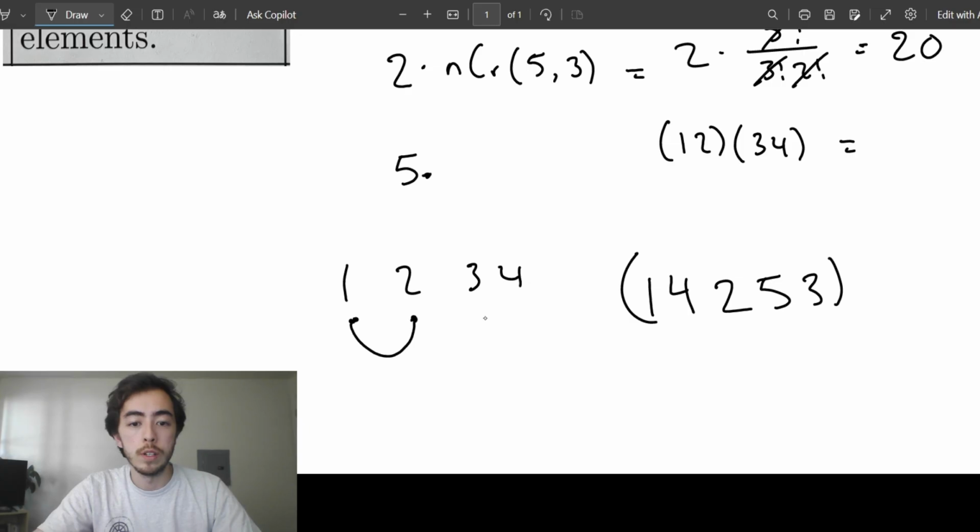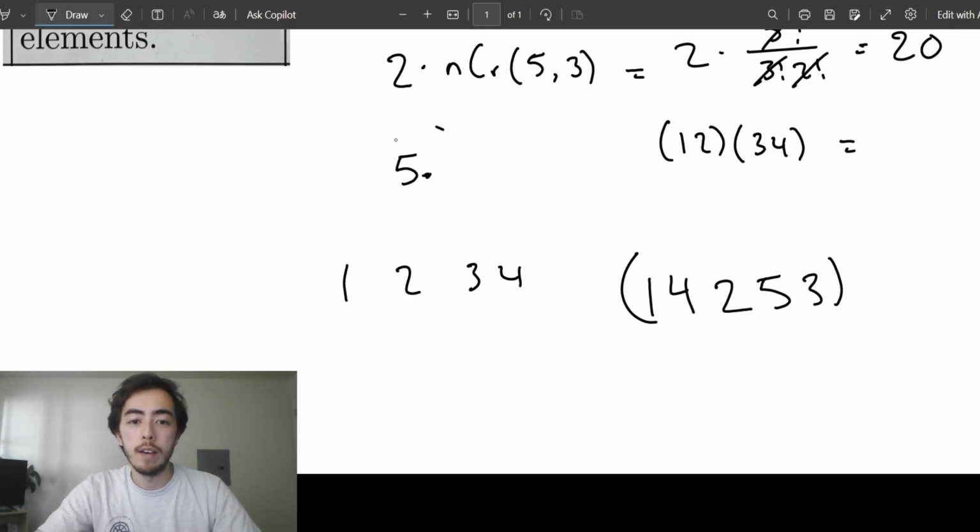Say if we do 1 and 2, that decides that 3 and 4 are going to be swapped with each other. And then likewise, if I choose 1 and 3, that therefore decides that 2 and 4 are swapping with each other. And then lastly, if I pick 1 and 4, then that automatically decides that 2 and 3 are going to be swapped with each other.